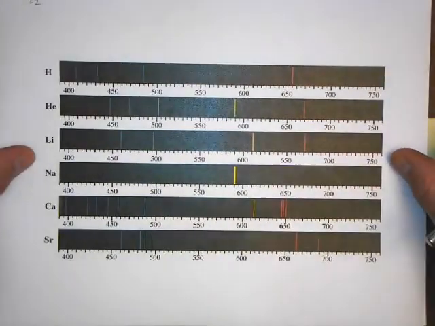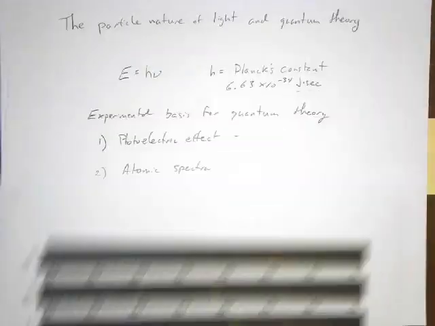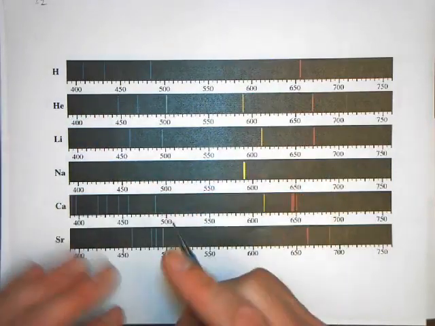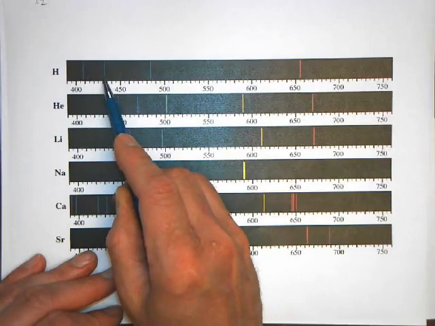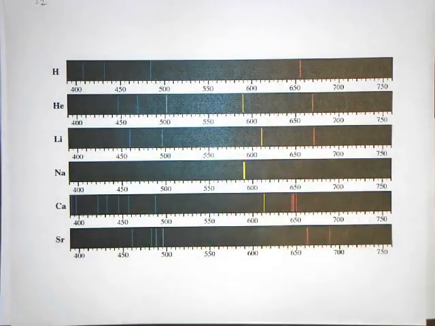Here's an example. This is figure 7.2 from your text. If you do this experiment for hydrogen gas, after you pass the light through a prism, what you see is not a continuum of light, but discrete bands of light at very certain wavelengths.